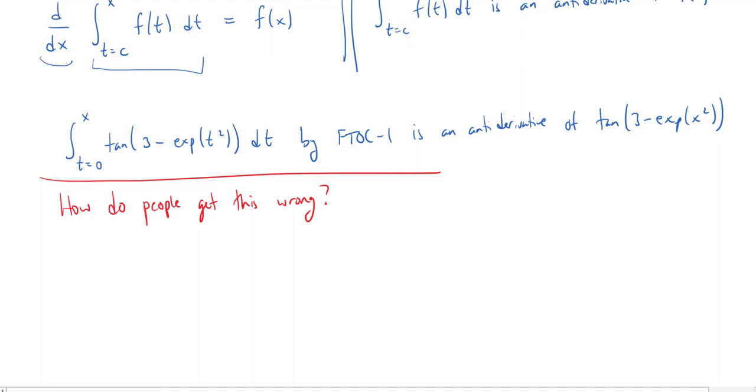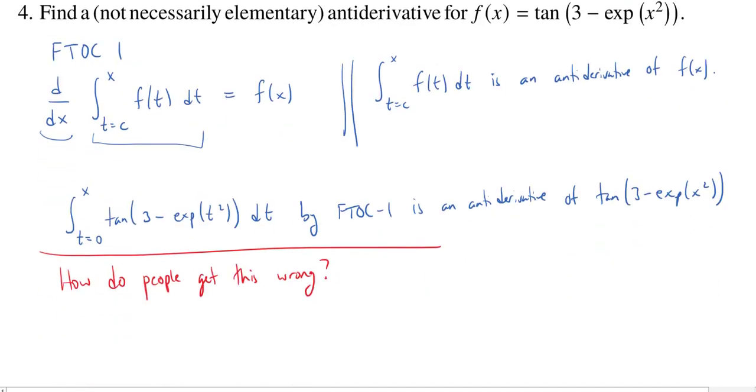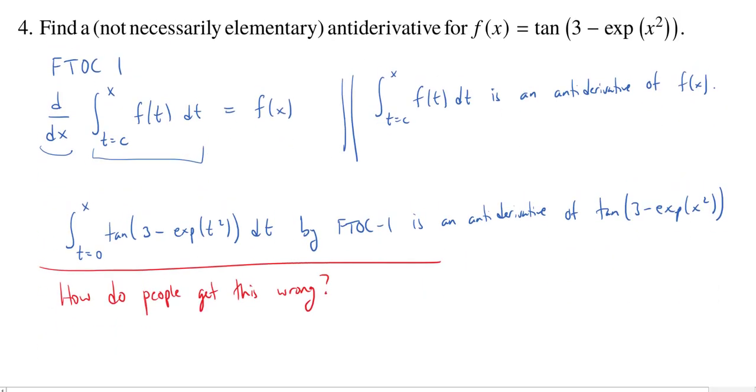So the question here, right, is about finding an antiderivative for this function. Now we know that the solution is this. Okay, but here's the most common way people get this wrong.